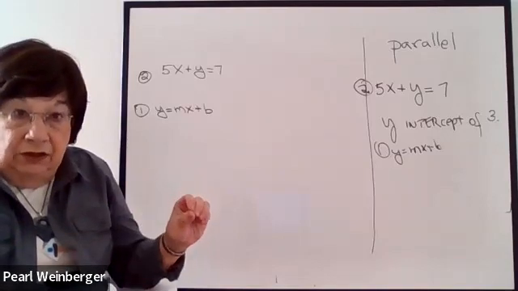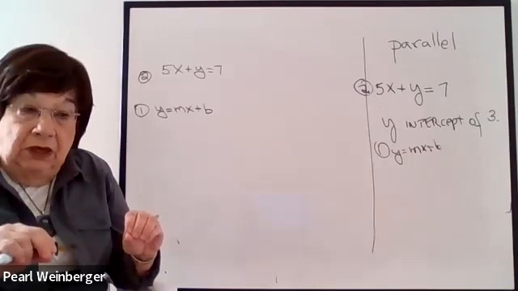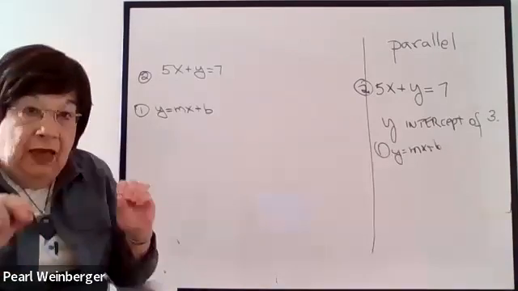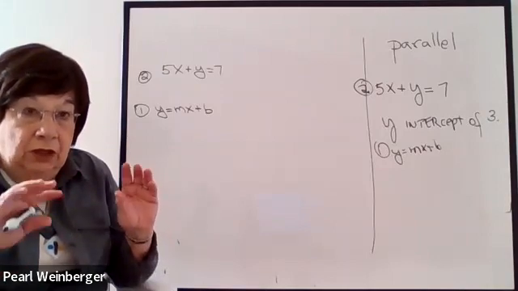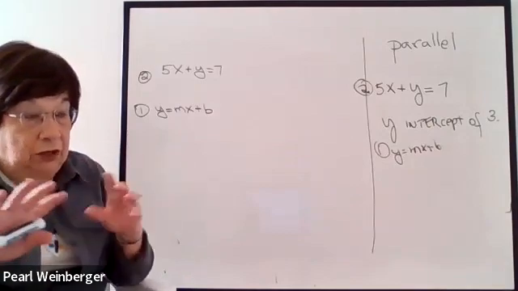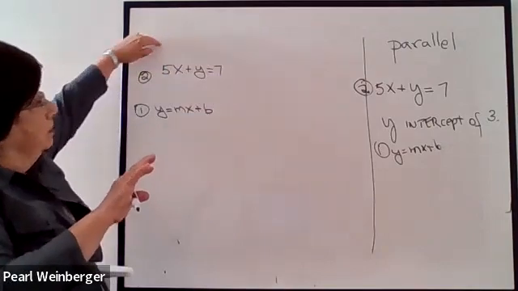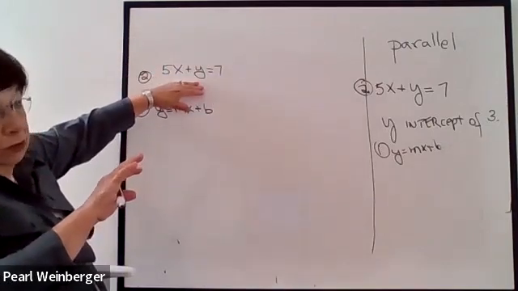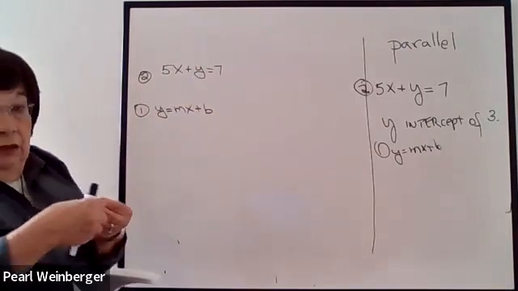Parallel lines have the same slope. Perpendicular lines have opposite reciprocal slopes. So when you have parallel lines, you don't have to do anything to the slope. What we have to do is find the slope of this original line, and that'll be the slope of my new line.